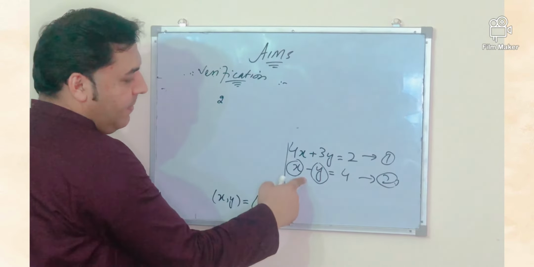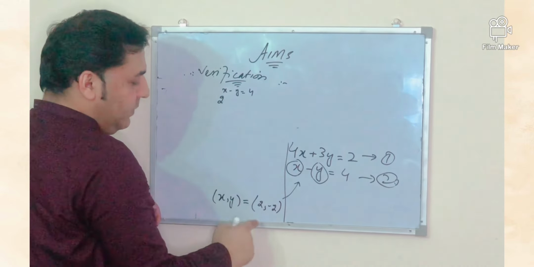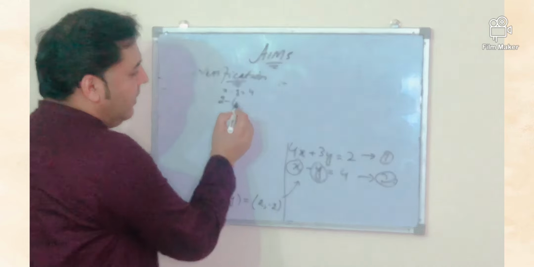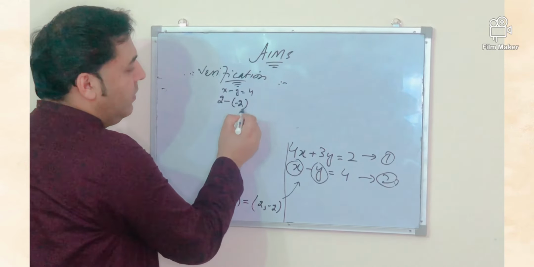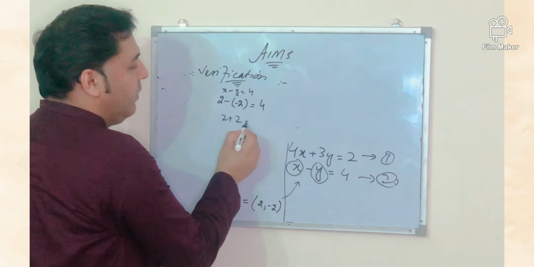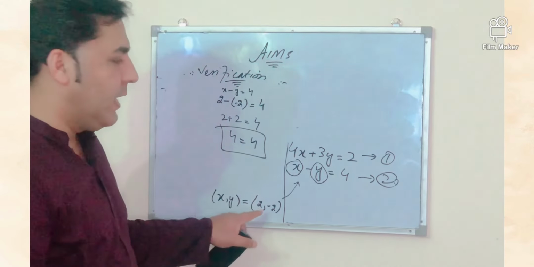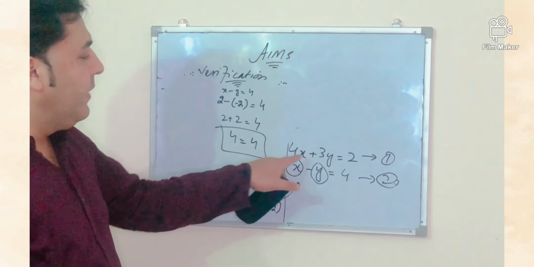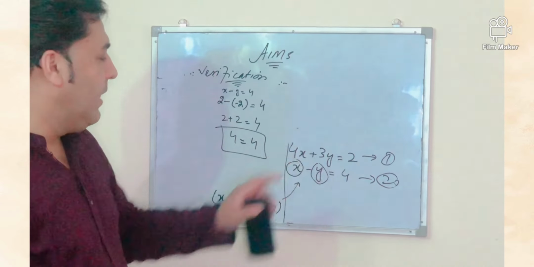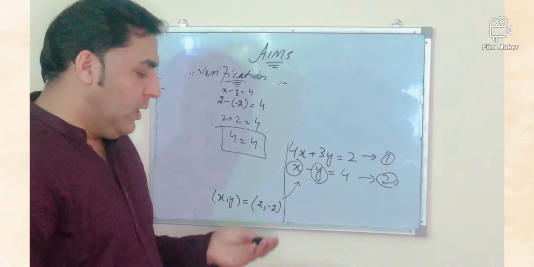This equation, x minus y equal to 4, becomes: value of x is 2, value of y is minus 2, equal to 4. This minus into minus is plus, 2 plus 2 equal to 4, 4 equal to 4. Left hand side is equal to right hand side, so our answer is correct. The same we can put here and verify. We will see both sides will become equal.